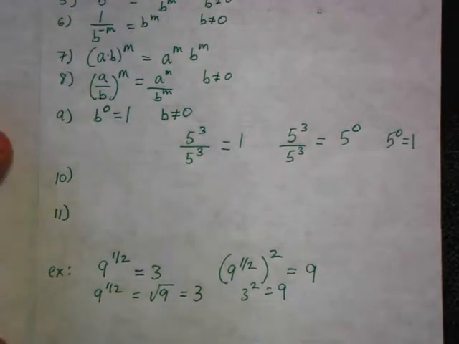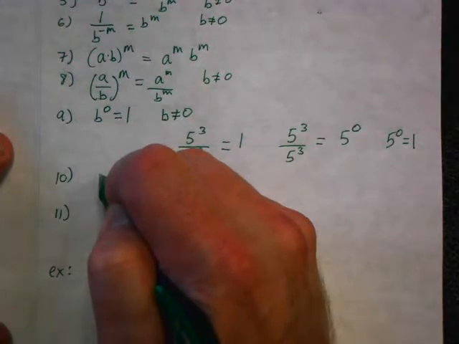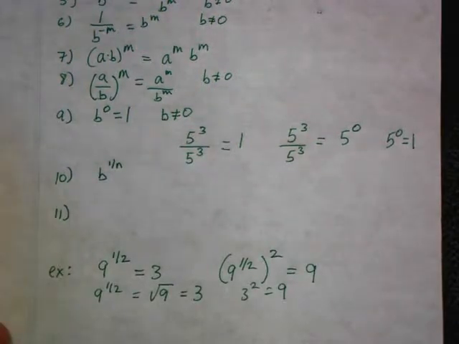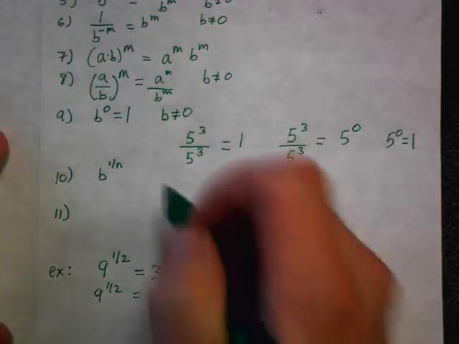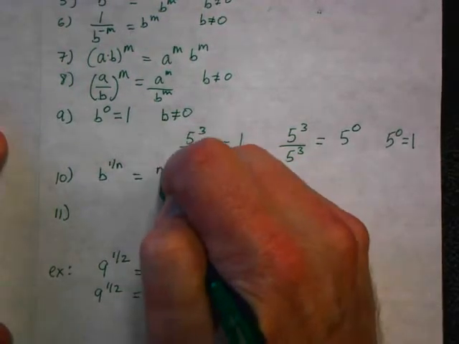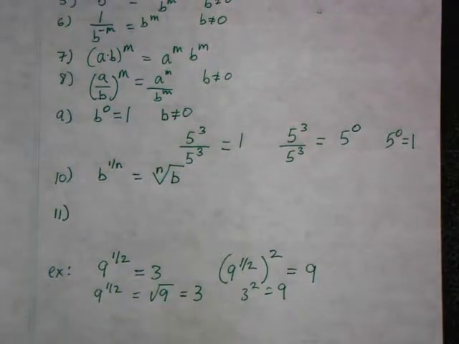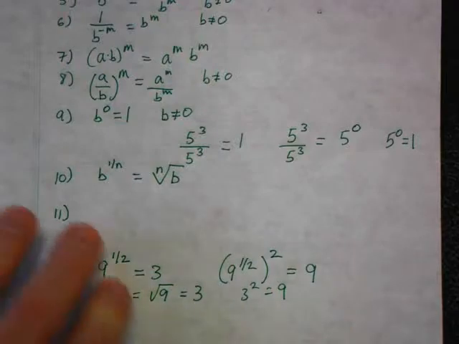So that's rule number 10. Rule number 10 is b to a fractional power, 1 over n, is the same as the nth root of b. Whatever number is on bottom, that number gives you your root.